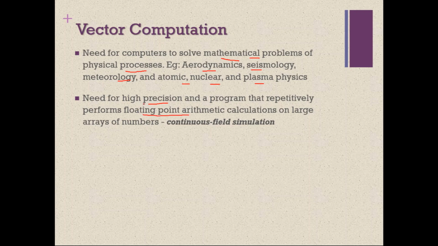These types of applications can generally be called continuous field simulation. Simulation means a model of a real-time environment. Whatever is happening in real time, they create a simulated environment of it, and scientists try to understand the behavior of nature through this simulation. All this involves a lot of mathematics, and high precision is required.